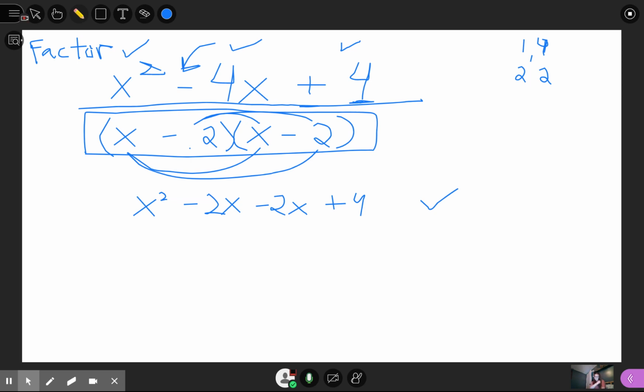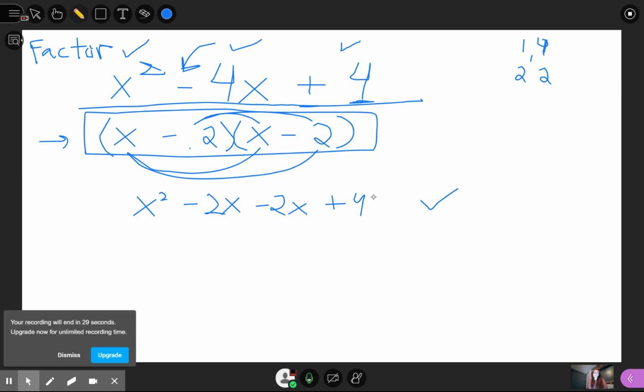Okay, now if your instructions, on the other hand, were use the FOIL method to find the product, that's backwards. It's the reverse of this. That's what we did here in our check: we multiplied everything out, and you have x squared minus 2x minus 2x plus 4, and it simplifies to x squared minus 4x plus 4. Okay, are there any questions here?